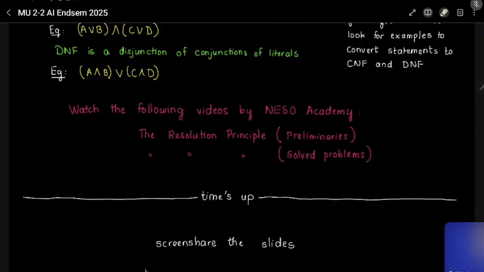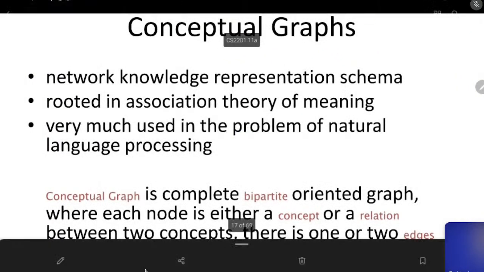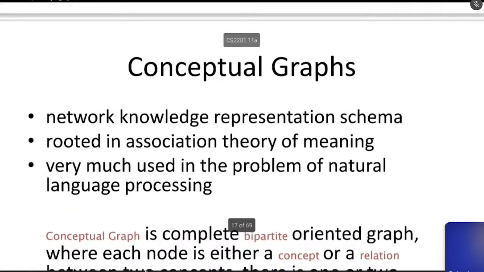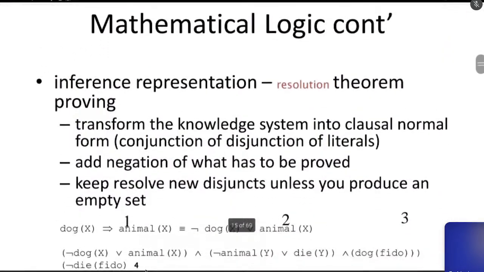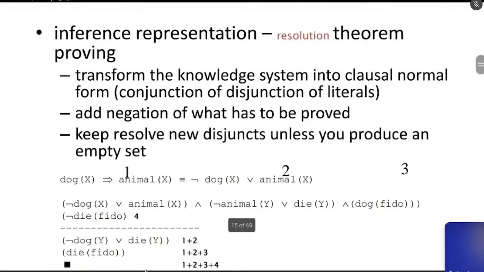So now I'll be screen sharing the slides. I think I've covered until this part. Look at this. This is the resolution theorem.